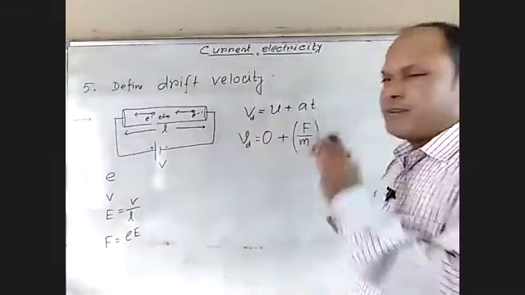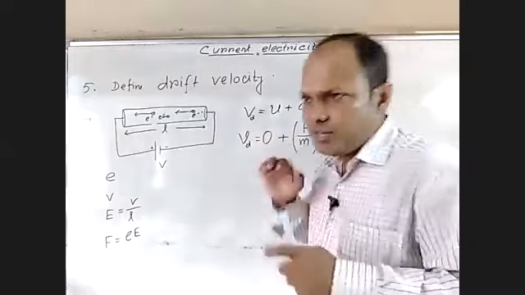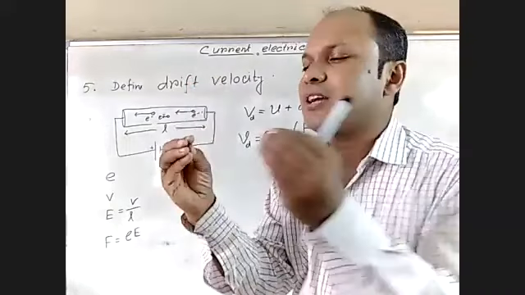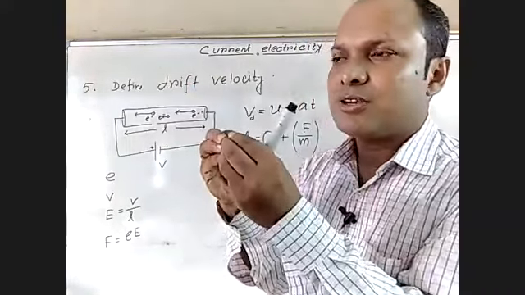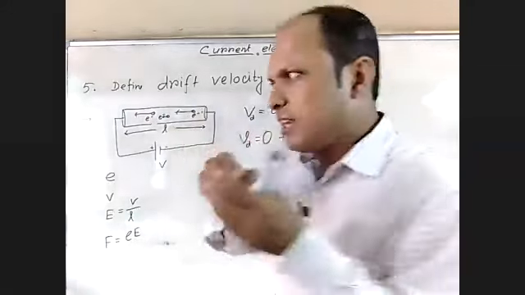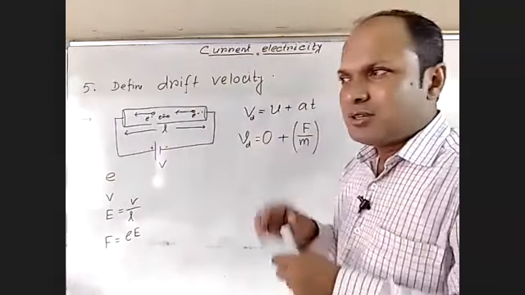The electron moves along a particular path, then collides with another electron. Somehow it manages the motion, again it starts its motion, and again it collides with another electron.